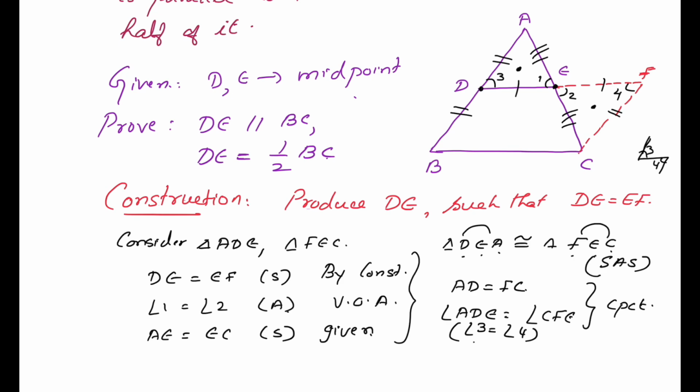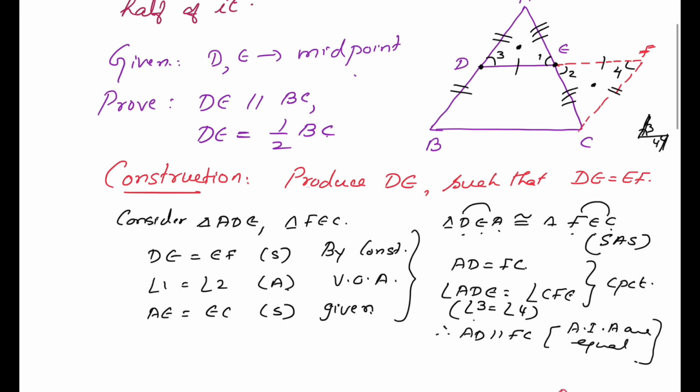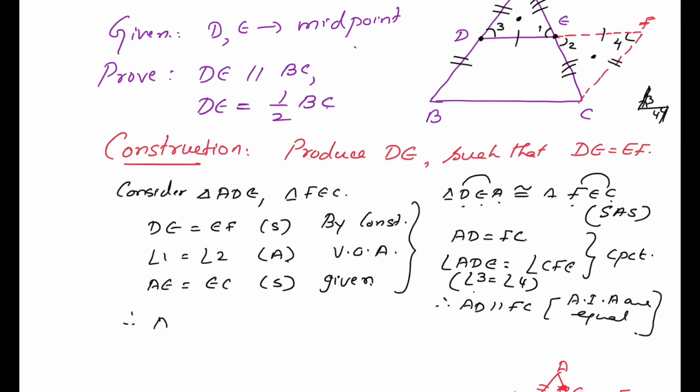That means you can say these two lines are parallel. Therefore, AD is parallel to FC. The reason is alternate interior angles are equal. Now, since AD is parallel to FC, you can say AB is parallel to FC. That means BD is parallel to FC. Keep this as 1.